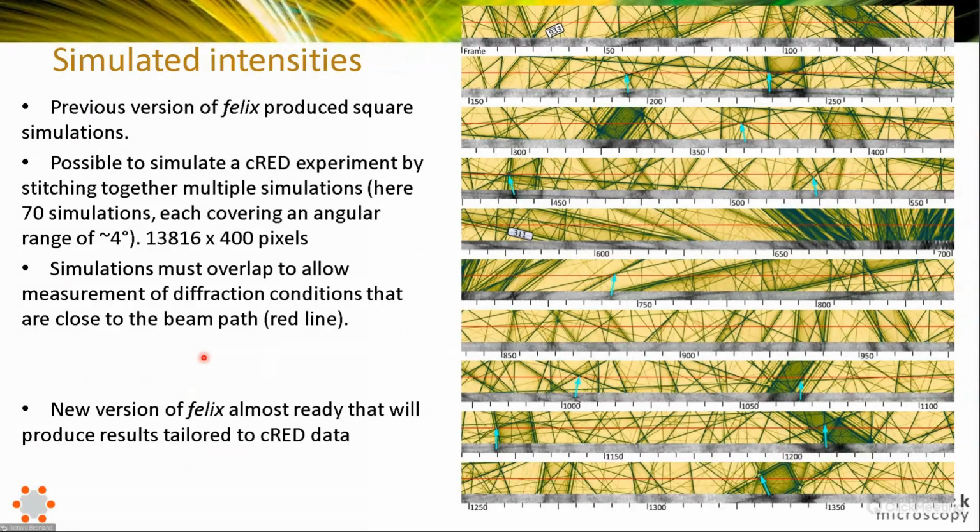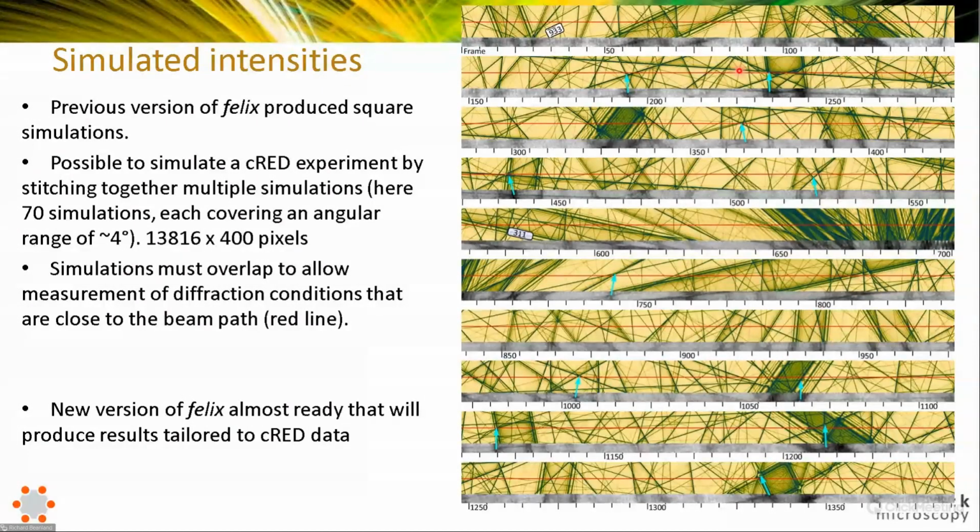And I've got a new version which is almost ready that should be much better for conversion for continuous rotation data. So this is just the bright field, very, very large angle convergent beam diffraction pattern.